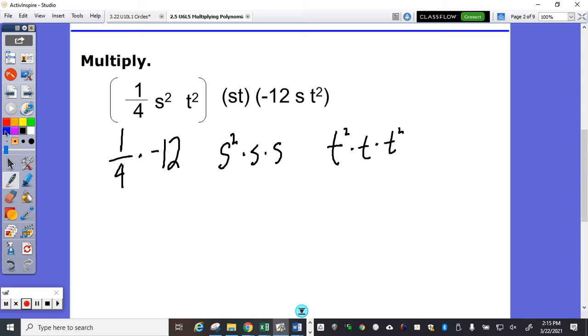Well, 1/4 times negative 12 is negative 3. What's s squared times s times s? S to the fourth. And t squared times t squared? T to the fifth. And that's it. Okay, it's not bad.